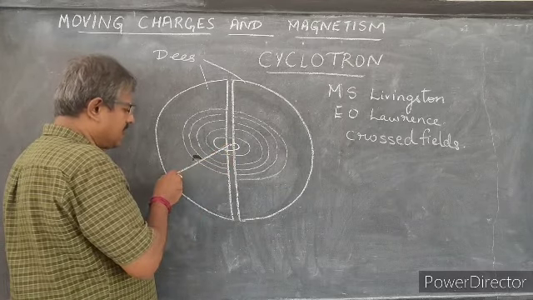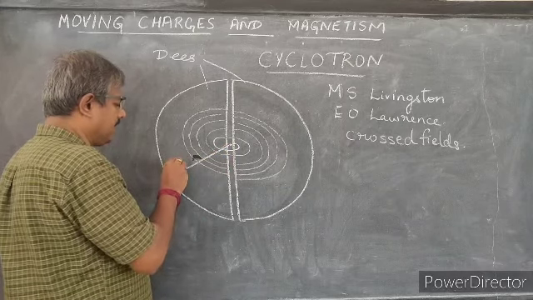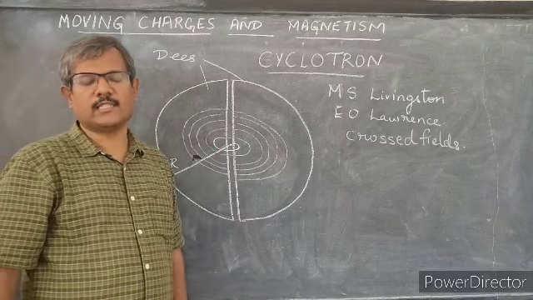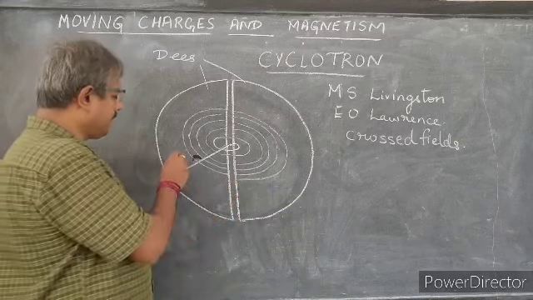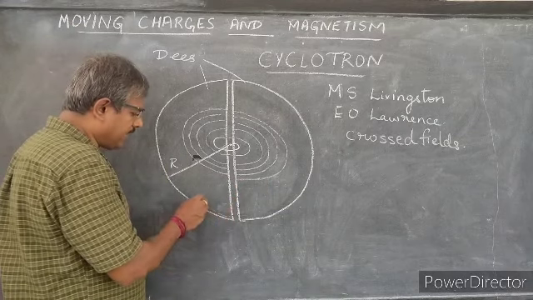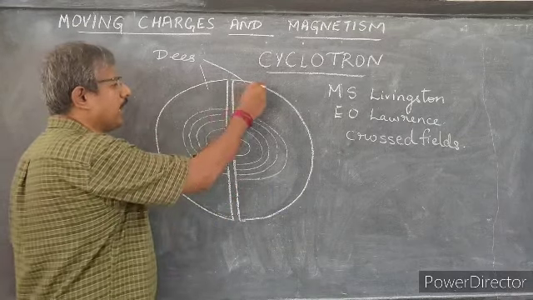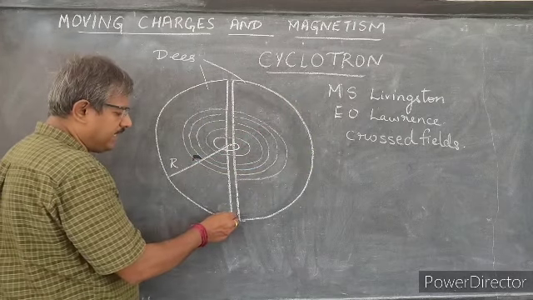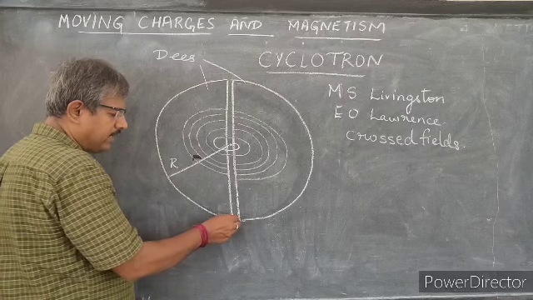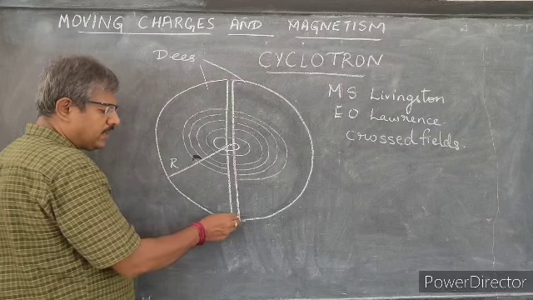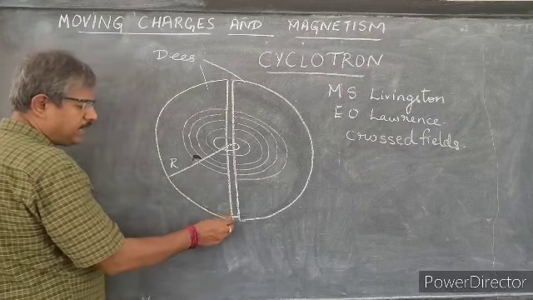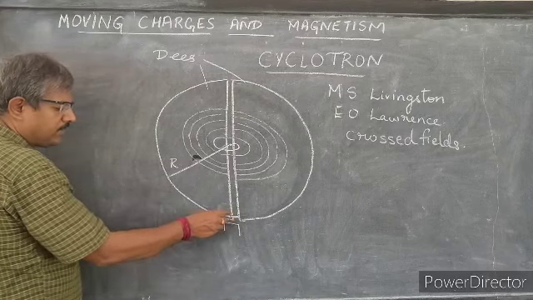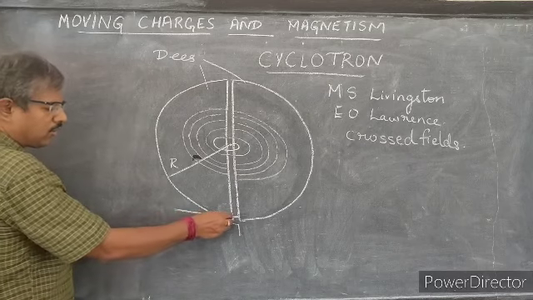If this distance is capital R, the radius of the two semicircular Ds, then it eventually starts traveling at a radius equal to R. At this time, a separate magnetic field is applied to the particle, and when it makes one final jump, this separate magnetic field causes it to come out of the cyclotron.